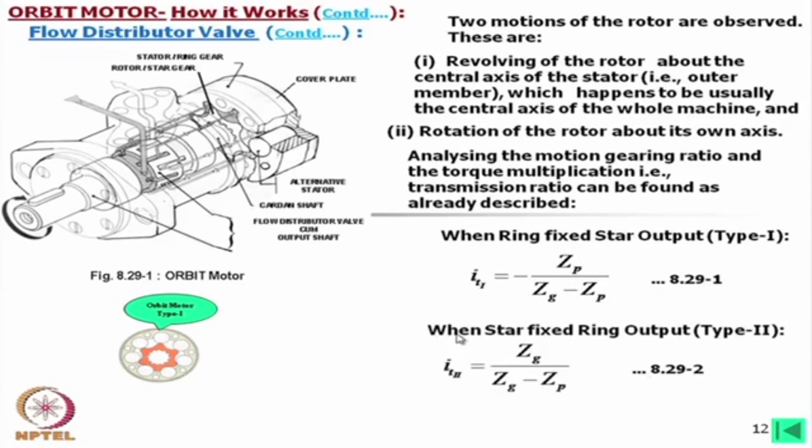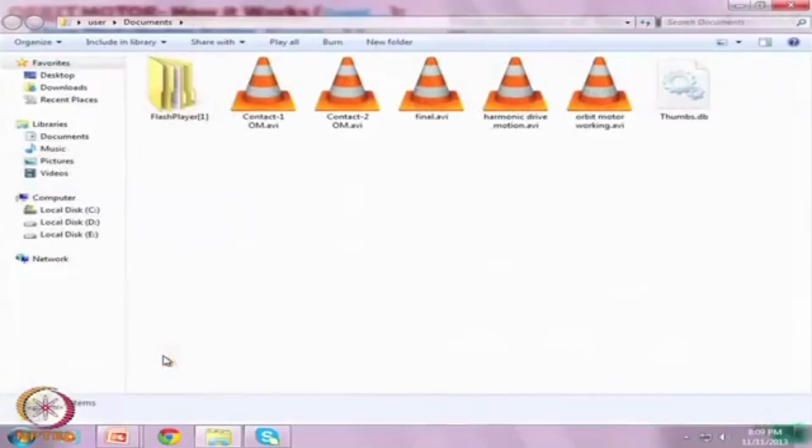And when the star is fixed and the ring is the output, then it is the number of lobes of the ring divided by the difference. Only here this is a minus sign, that means the revolving action and the output motion are in opposite directions, whereas a plus sign means the revolving action and the rotation are in the same direction. So, this is the orbit motor type 1, which we have seen already.